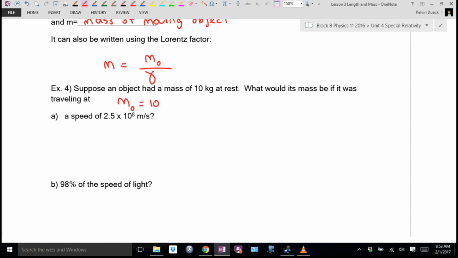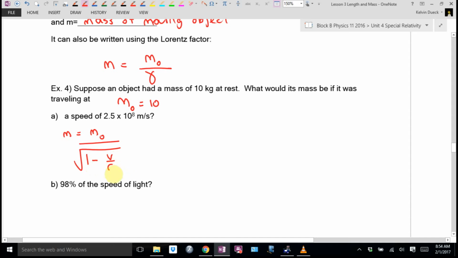So what's it going to look like as an equation? It's going to be m equals m0 all over the square root of 1 minus v over c all squared. m0 is 10.